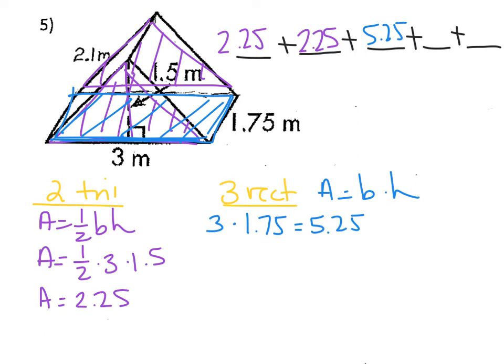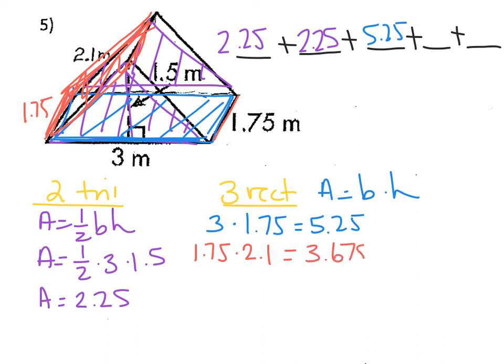Okay, so then we have the area of this rectangle on the side here, and the base is parallel to this, so that's 1.75 times the height is right here, which is 2.1. And that gives you 3.675.